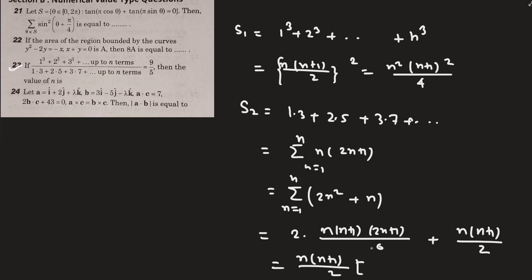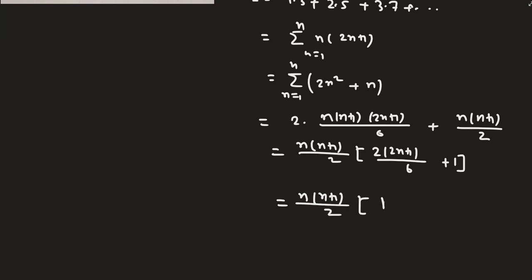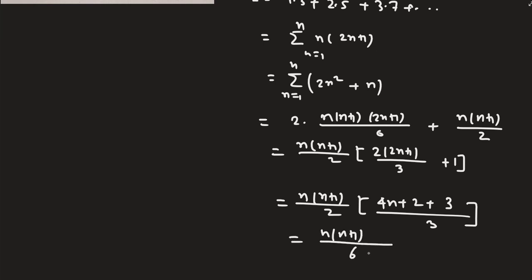So what we have, 2 times 2n plus 1, then whole divided by 6, plus 1 is left. N into n plus 1 by 2, then we have 4n plus 2, then 4n plus 2. Since we have taken 2 outside, it will be 3 only. So now 3, then whole divided by 3. So it is n into n plus 1 by 2 into 3, 6, and here 4n plus 5.